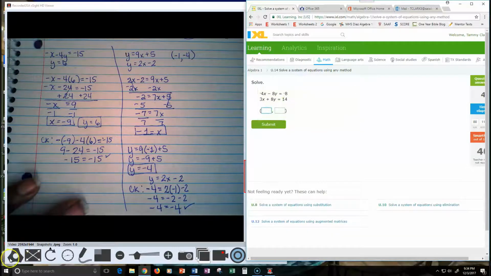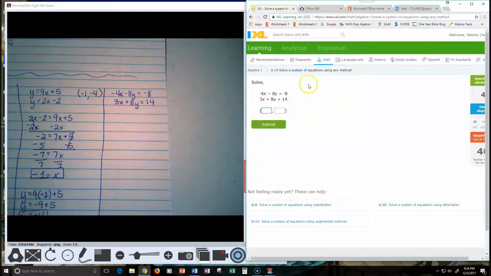All right, one more. Our next system of linear equations looks like this. Negative 4x minus 8y equals negative 8. And the other line is 3x plus 8y is equal to 14. Looking at this, it is in standard form, so I really don't want to cost myself extra work by changing it into slope-intercept form like the last ones.